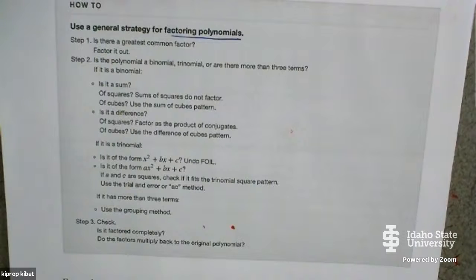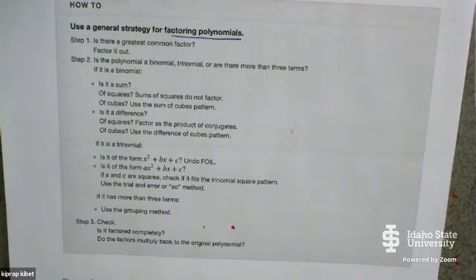Now, if it has more than 3 terms, you remember the one which had 4. We group them, so you can use the group method. When you group, that is when you factor out.